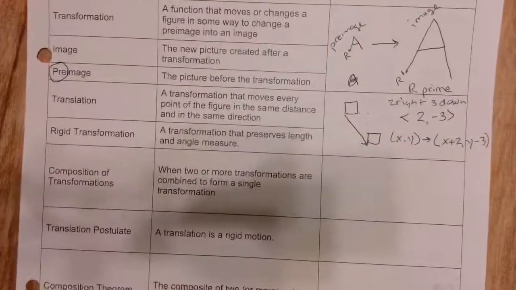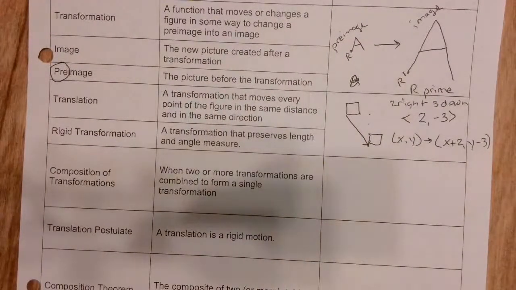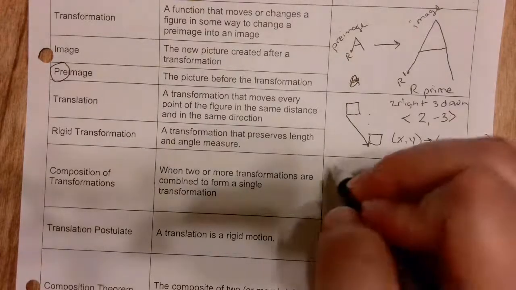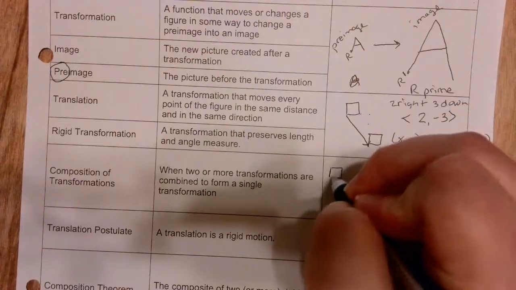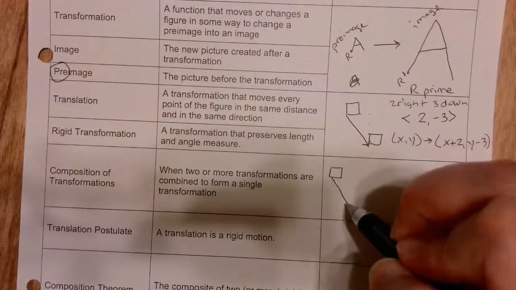Now, a composition of transformations. A composition is when you are taking multiple things and putting them together, like composing music, taking lots of notes and putting them together to make one thing. So here, maybe you take your square and you move it down here.